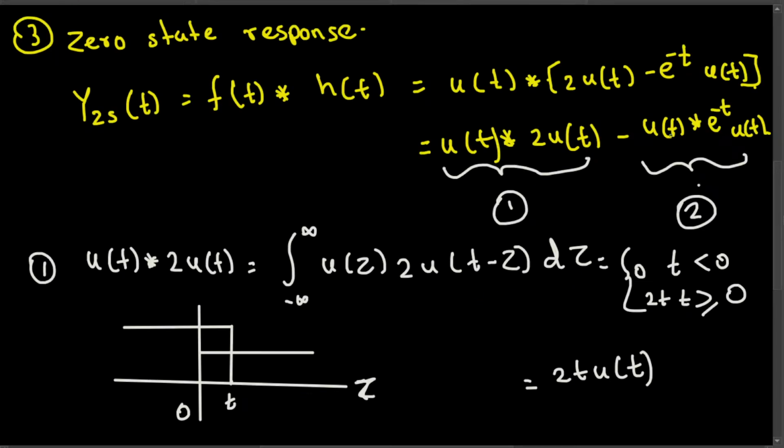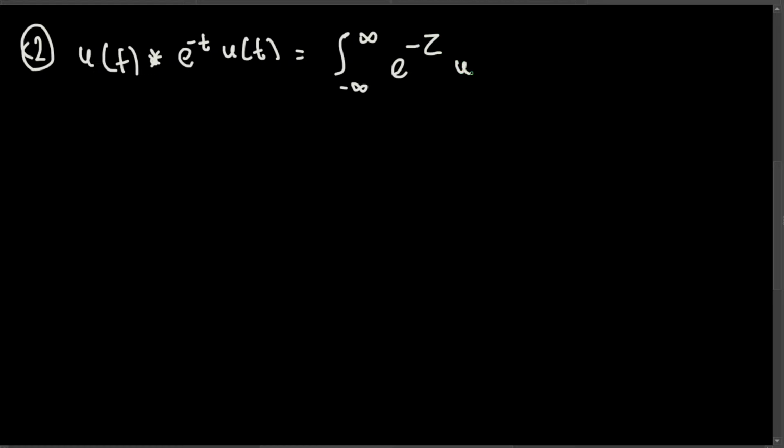The second part is u of t convolved with e power negative t u of t. If I express this using integration, this is the integral from negative infinity to infinity of e power negative tau u of tau times u of t minus tau d tau.